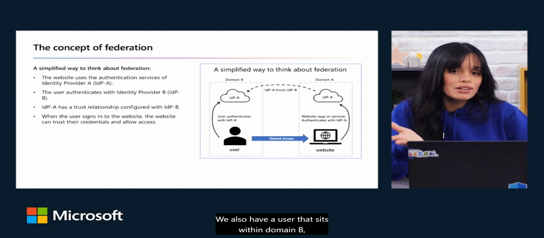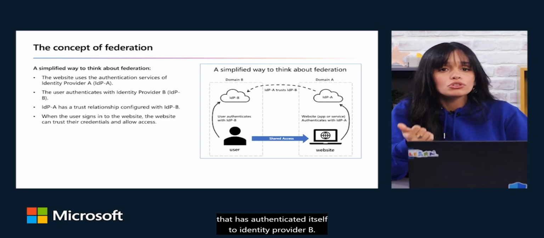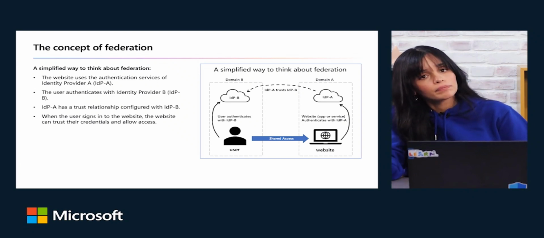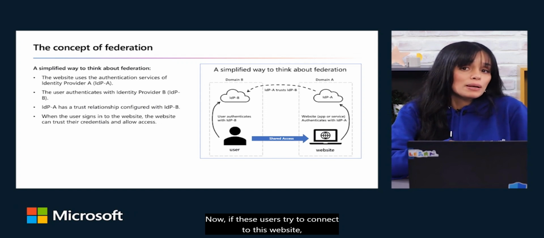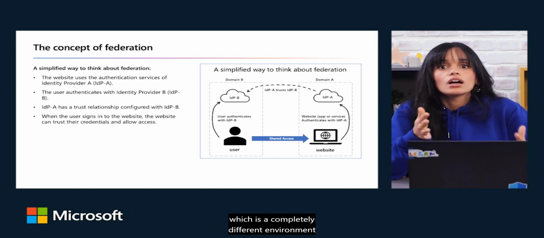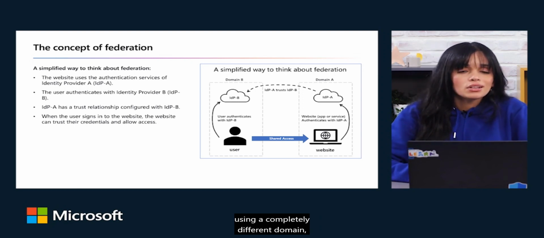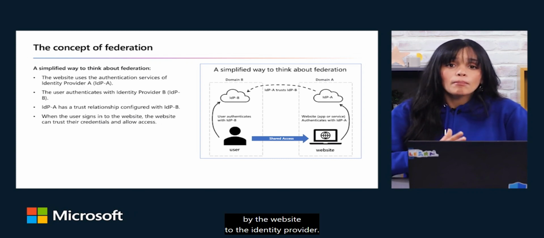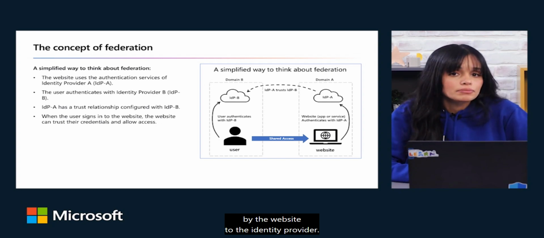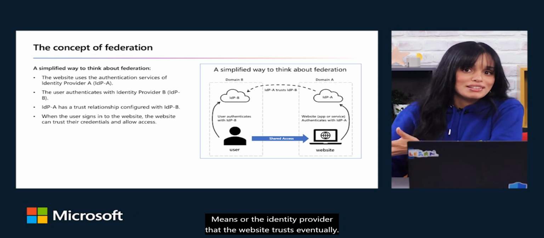We also have a user that sits within domain B that has authenticated itself to identity provider B. Now, if this user tries to connect to this website, which is a completely different environment using a completely different domain, what typically will happen is this user access request is simply forwarded back by the website to the identity provider that the website trusts.